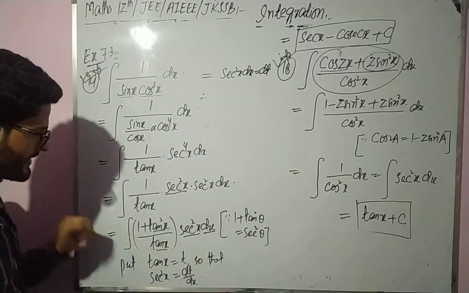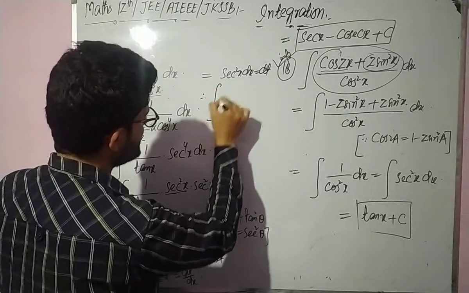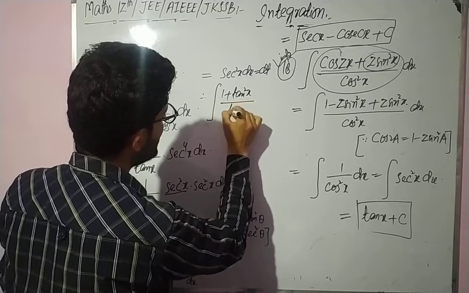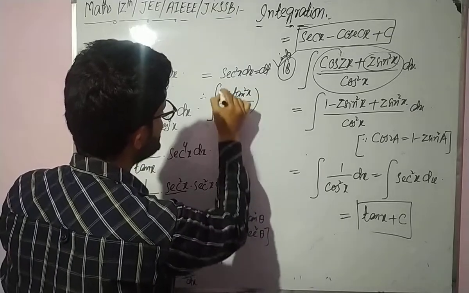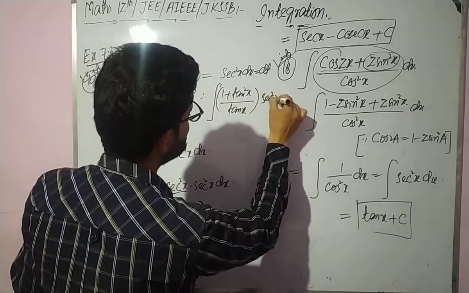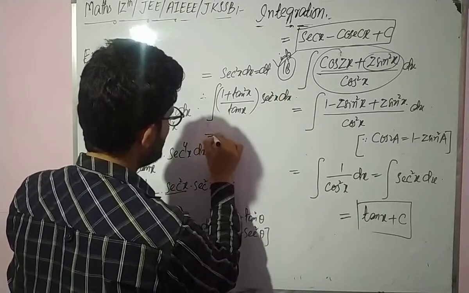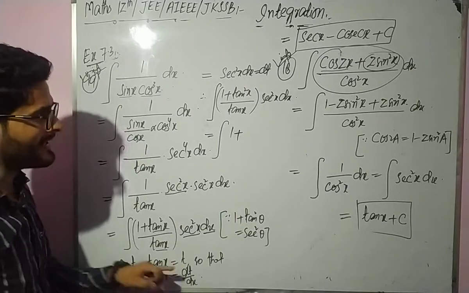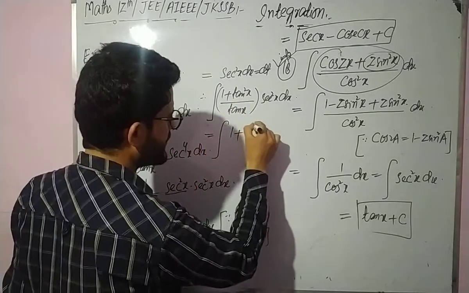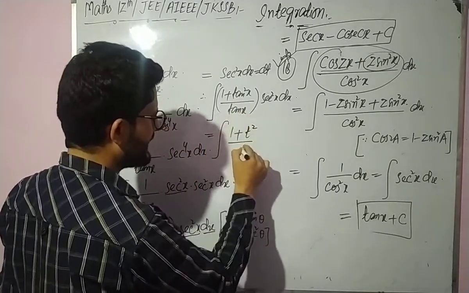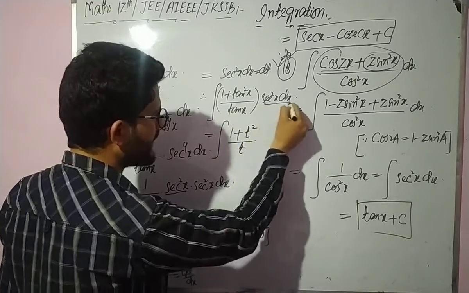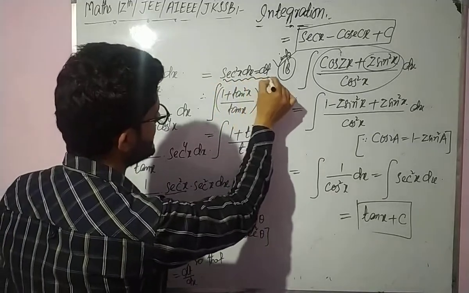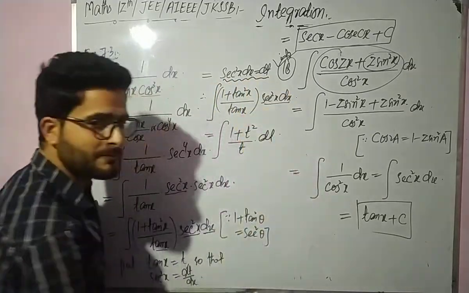Therefore our original integral, integration of 1 plus tan square x divided by tan x into sec square x dx, can be written as integration of 1 plus t square divided by t into sec square x dx, and here sec square x dx must be equal to dt.